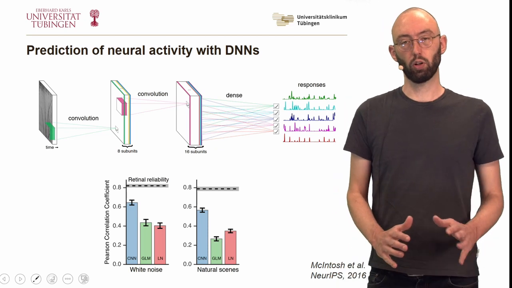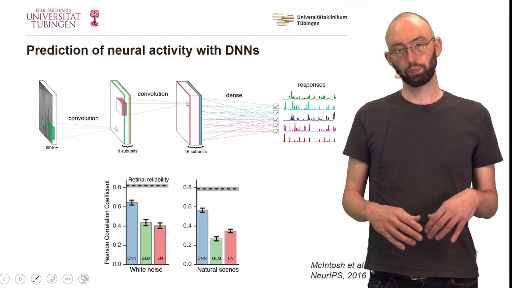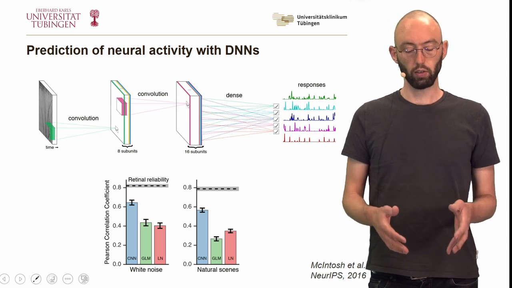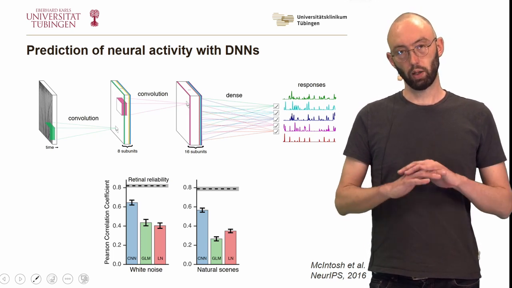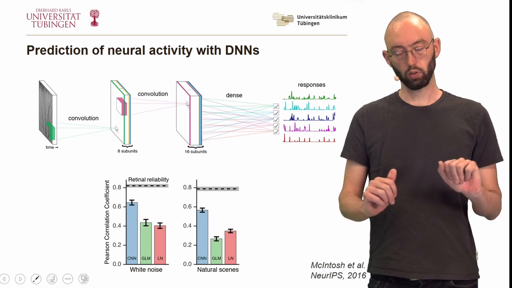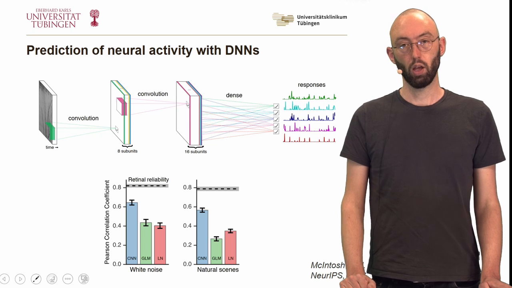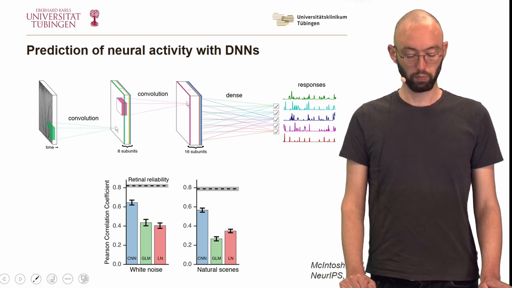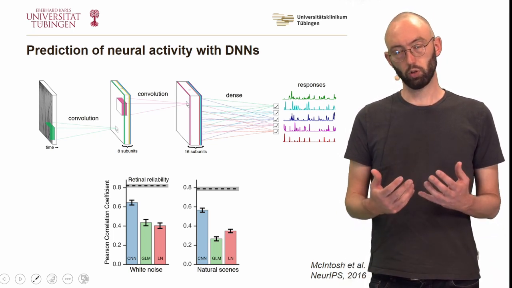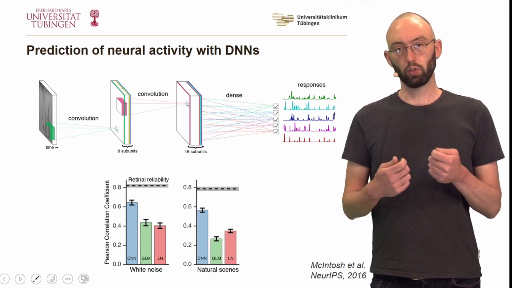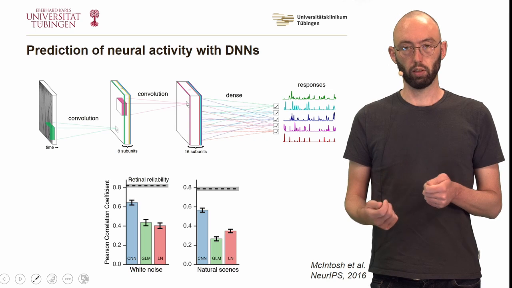So while these subunit models are typically inspired by getting closer to the retinal circuitry, one could also take another approach and say, well, we basically make the subunits continuous and use deep neural networks to predict neural activity. In deep neural networks, especially in convolutional networks, we have this kind of subunit mechanism already built in.